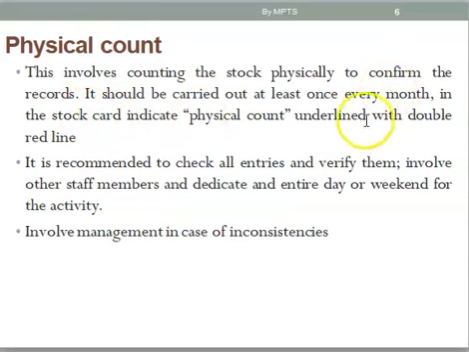It should always be underlined twice with a red pen. It is recommended to check all entries and verify them. Involve other staff members, or you can even involve police in case things are having issues. Involve management in case of inconsistencies.